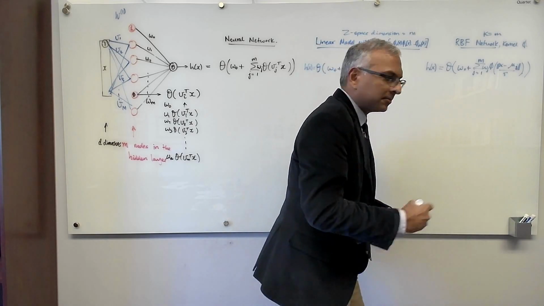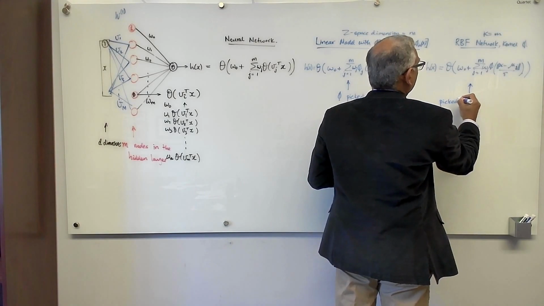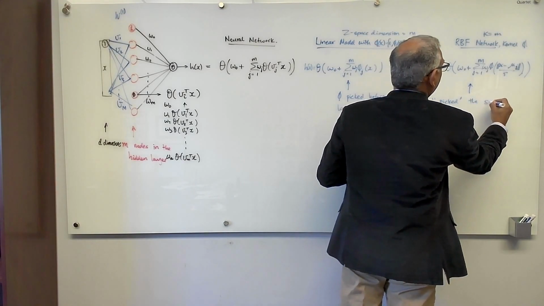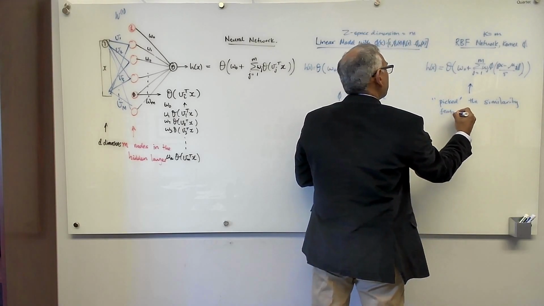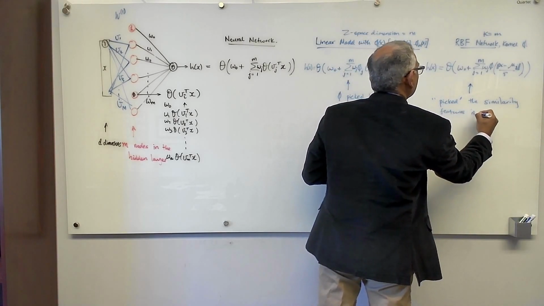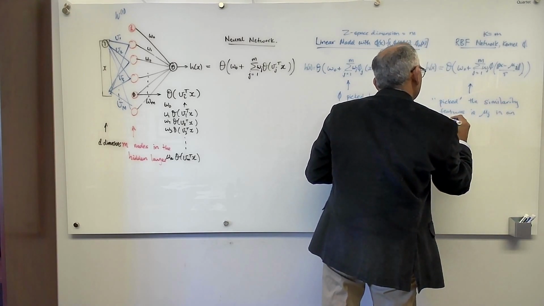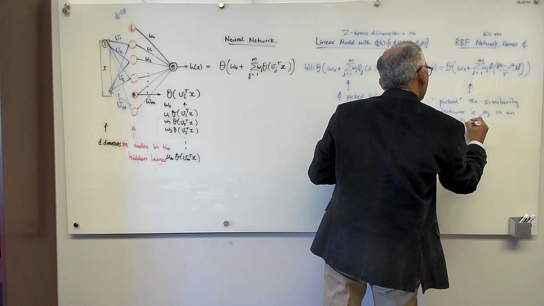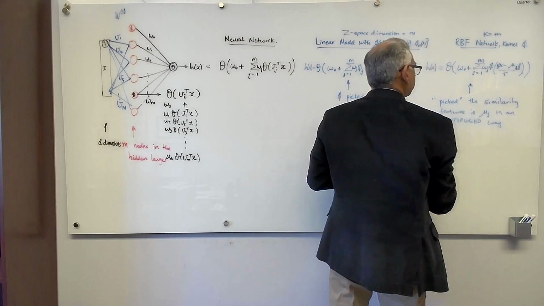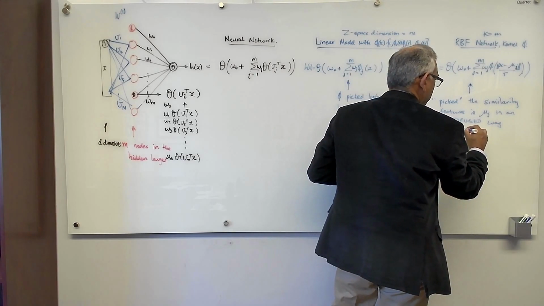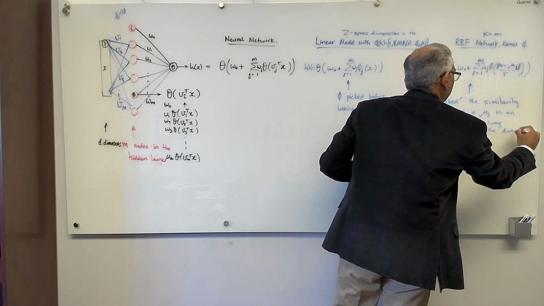So here we picked the similarity features, i.e. mu j, in an unsupervised way to represent the data.